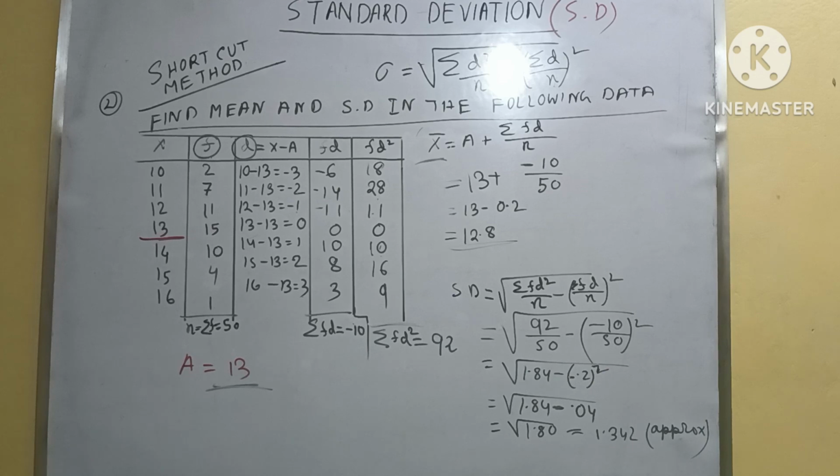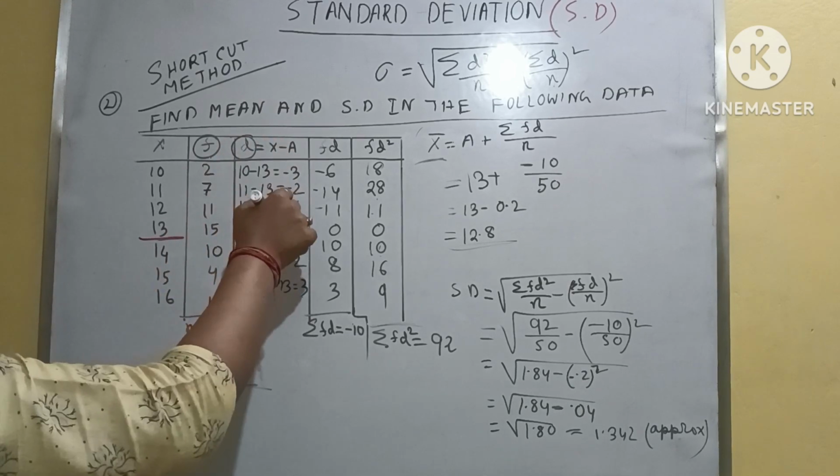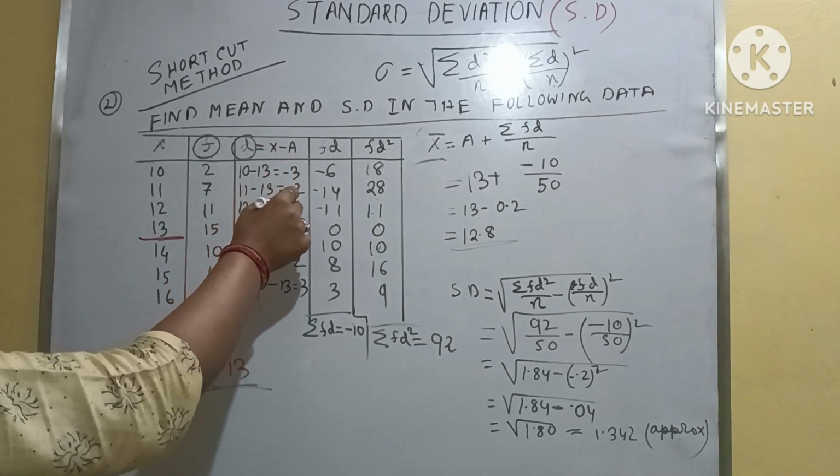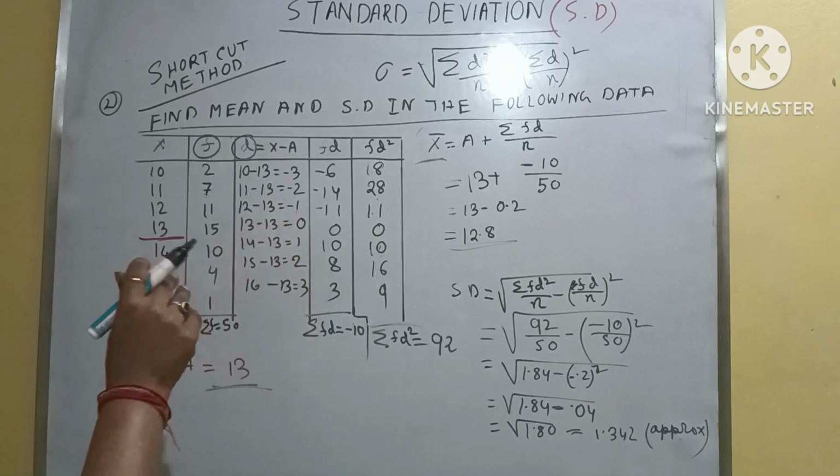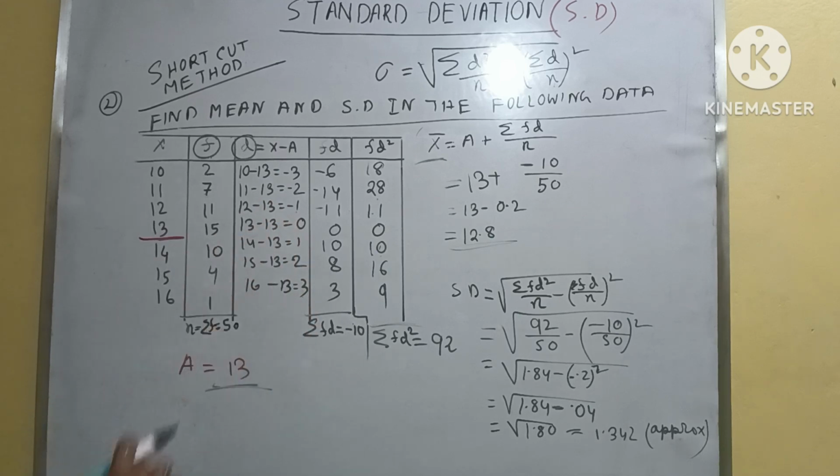In that case, the calculation becomes easy. Or you can say, if the fluctuations are such that the minus numbers are greater, like minus 3, minus 2, minus 1, minus 4, minus 5, but the positive numbers are lesser, then the calculation is easy.